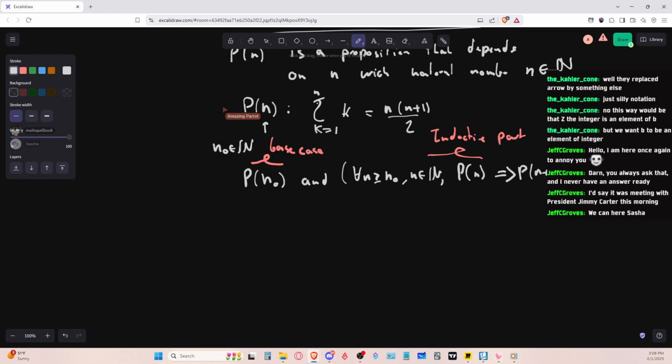Oh, okay. So what does the principle of induction tell us? It says, okay, if we have both of these, so we know the base case is true, and we also know that we have this domino effect that if it's true for n, then it's also true for n plus 1, then the principle of induction says this is true for all n greater than or equal to n naught.